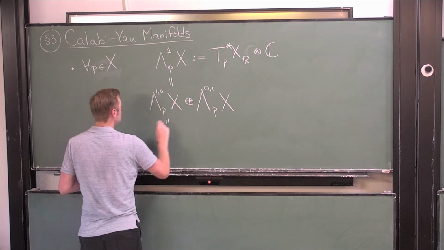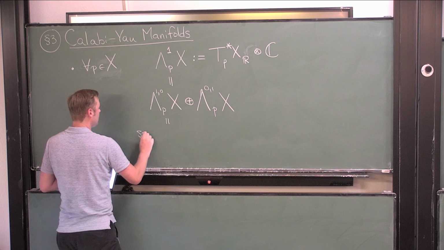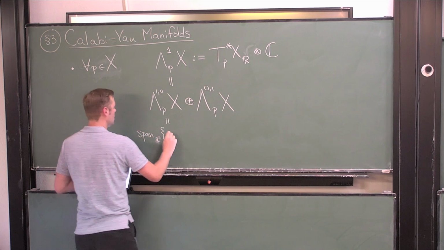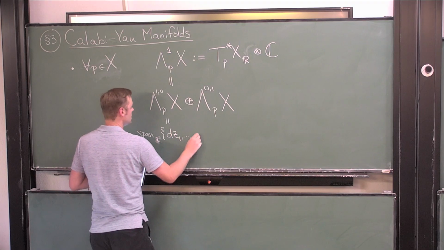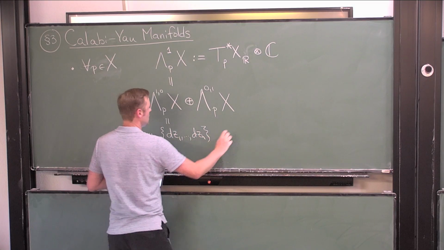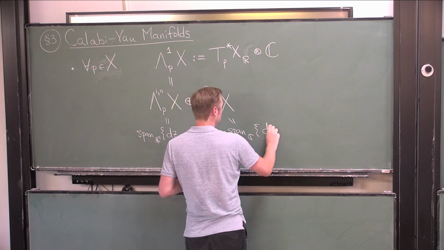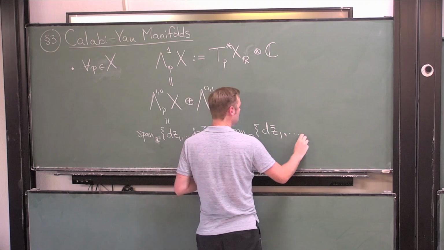In local coordinates, they were just the complex span of dz1 through dzn, and the other one was the complex span of the complex conjugates dz1 bar through dzn bar.